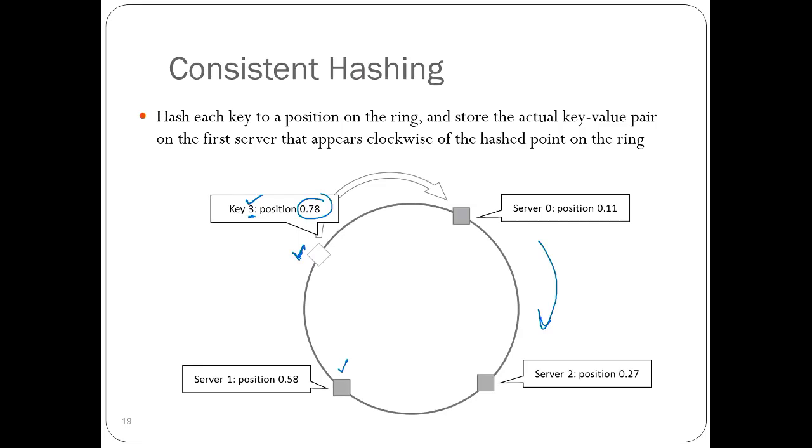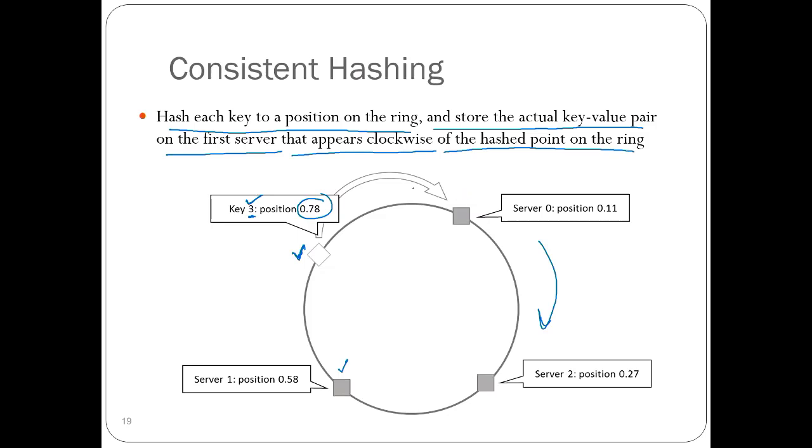Now the question arises: fine, this is a key. It should be placed in one of the servers. Which server should we assign to this key using consistent hashing? The answer is that we hash each key to a position in the ring, like key 3 has been hashed to 0.78, and store the actual key value pair on the first server that appears in clockwise of the hash point on the ring.